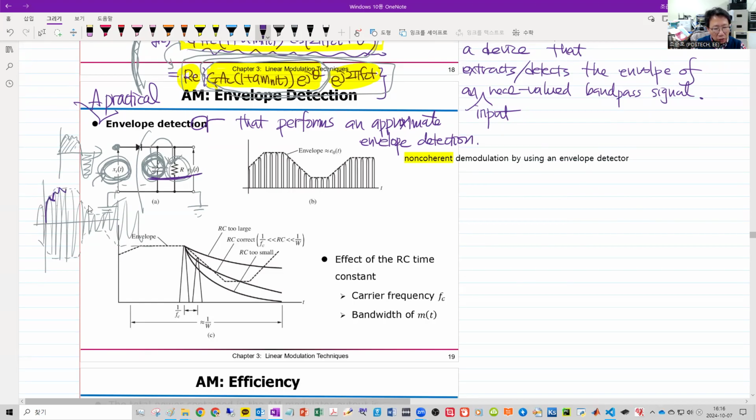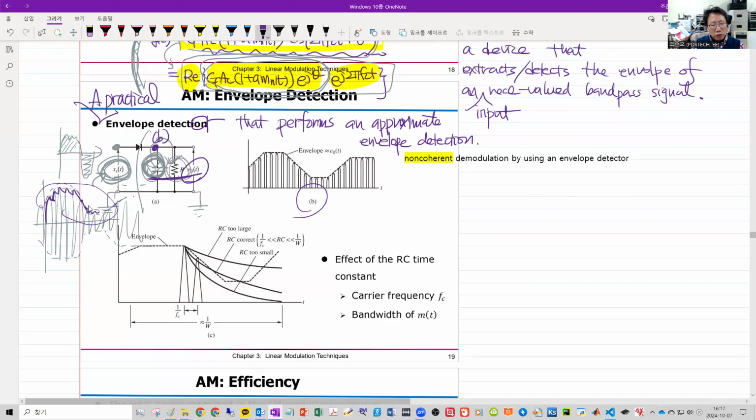And what do you have? You have some output signal that roughly, approximately tracks the envelope of the signal. Got it? By the way, this B is the signal here, after the diode.